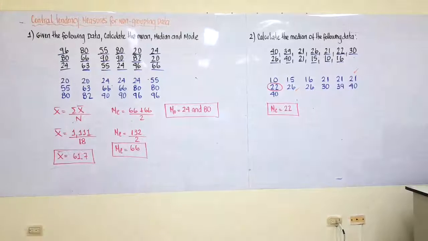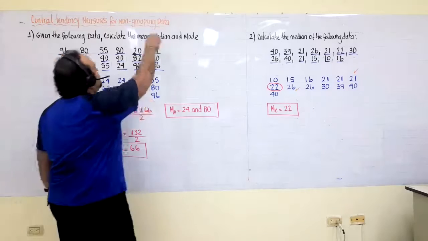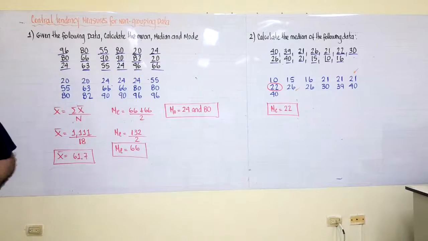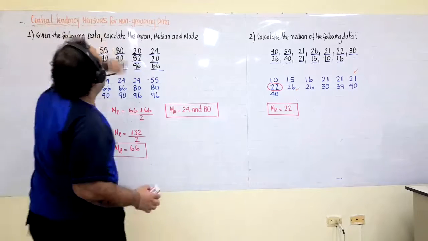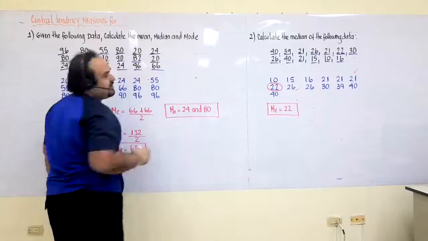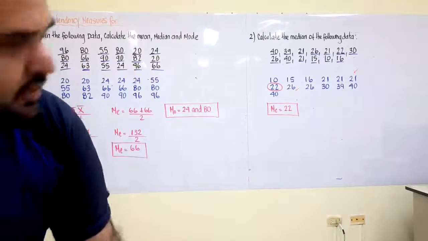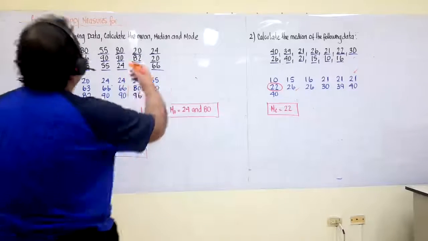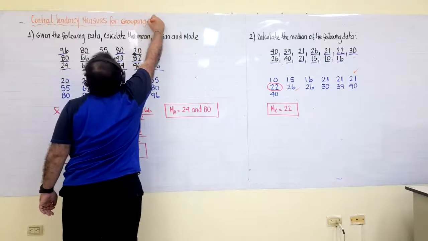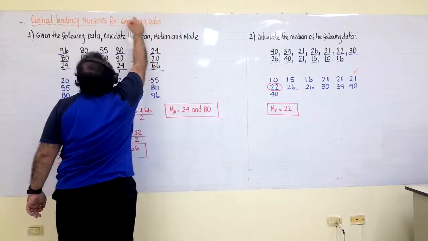Now we're going to calculate the central tendency measures, but this time, instead of non-grouping data, this is going to be for grouping data. Well, did you copy that already? All right, then. So I'm going to erase the words non-grouping data and change them to grouping data.